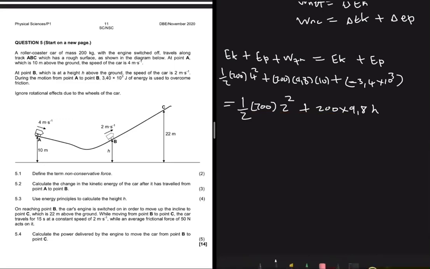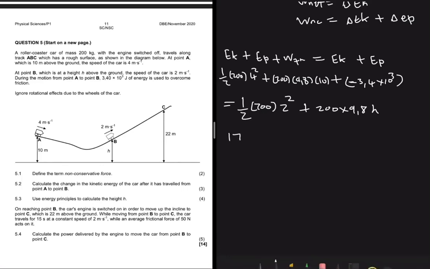So now we're basically done with the physics. We're now doing the math, right? So let me put everything on the left hand side on the calculator and see what we have. So we're going to have 1 over 2 multiplied by 200, the velocity squared plus the potential energy multiplied by 10 minus 3.4 times 10 to the 3.